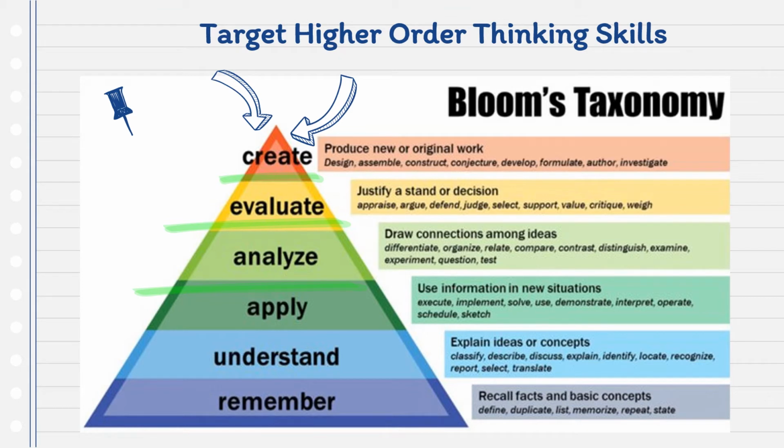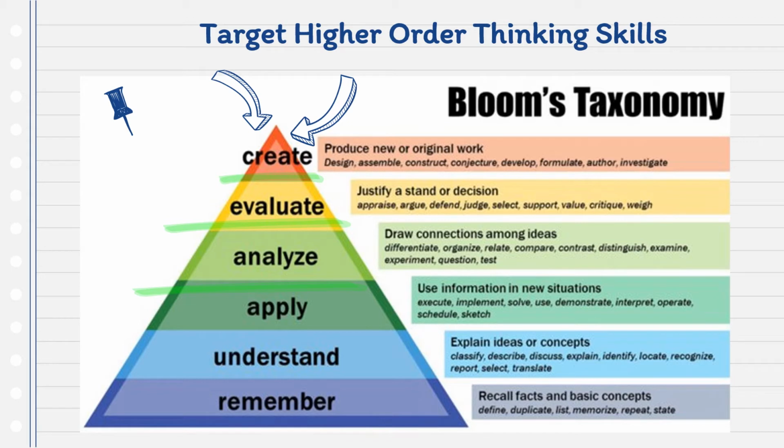Now, another consideration that we need to take into our objectives is that it targets higher order thinking skills for our students. Now, as teachers, most of us are aware of Bloom's taxonomy, and we know that the thinking skills or learning skills of students go through 6 phases.